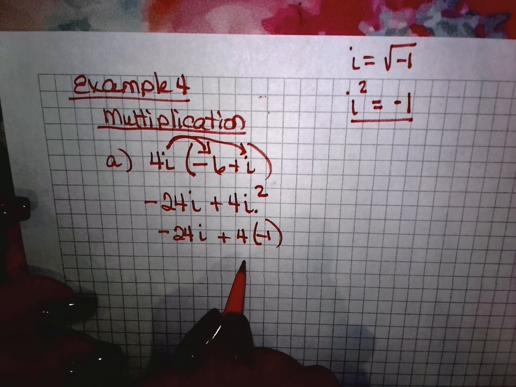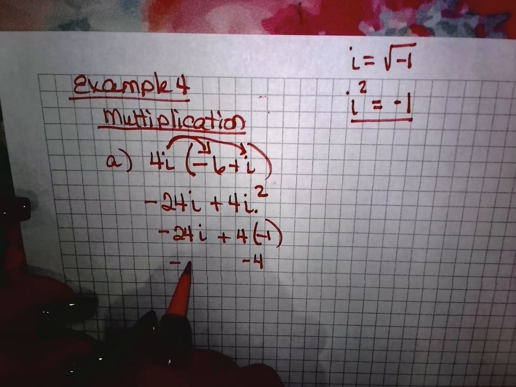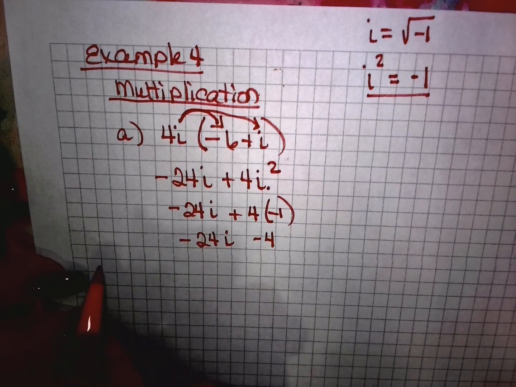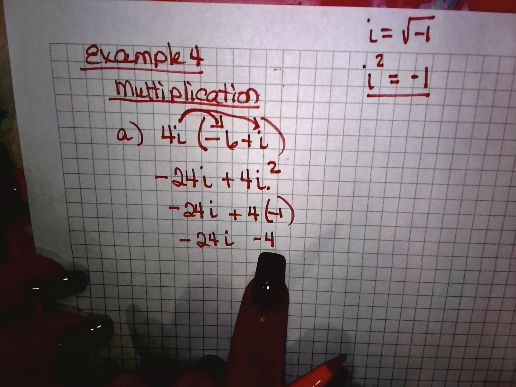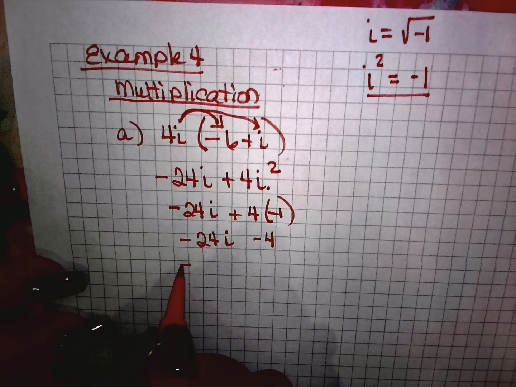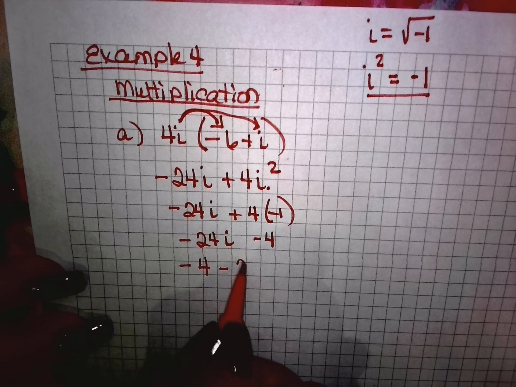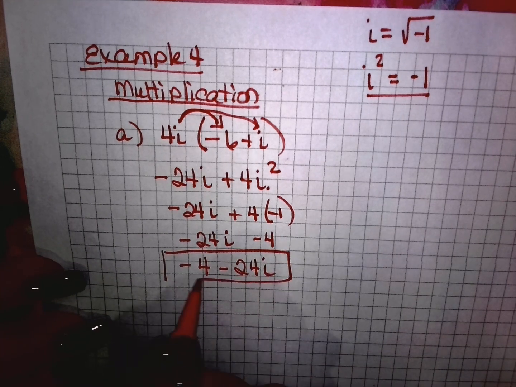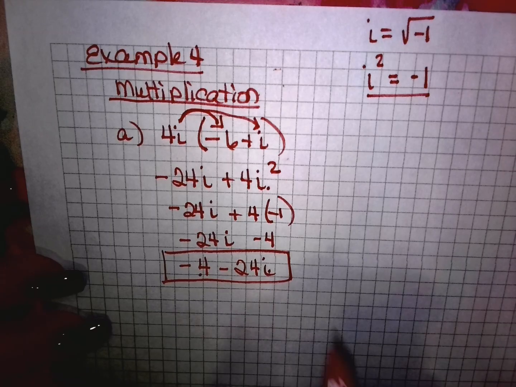And 4 times negative 1, that's negative 4. So negative 24i minus 4. Now normally when we write a complex number, this is a complex number, we put the real part first. So let's flip it around. Negative 4 minus 24i. And we put the imaginary part second. So real number, imaginary.